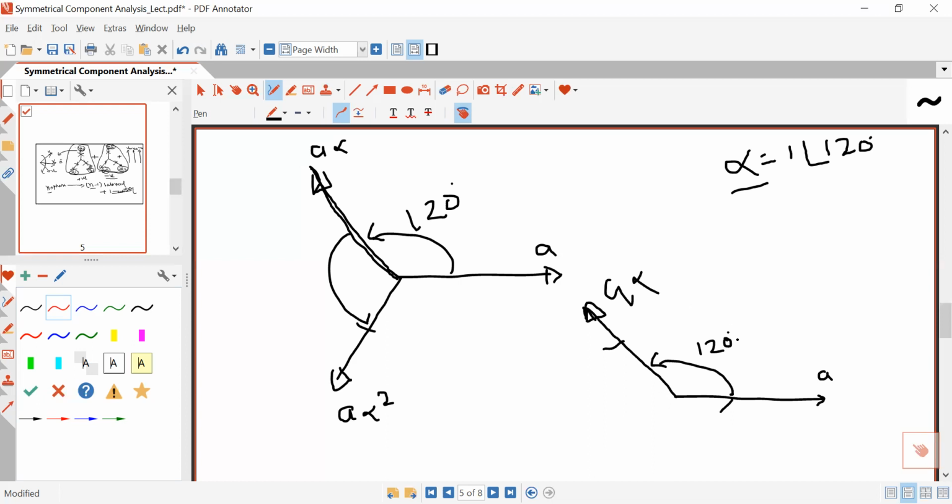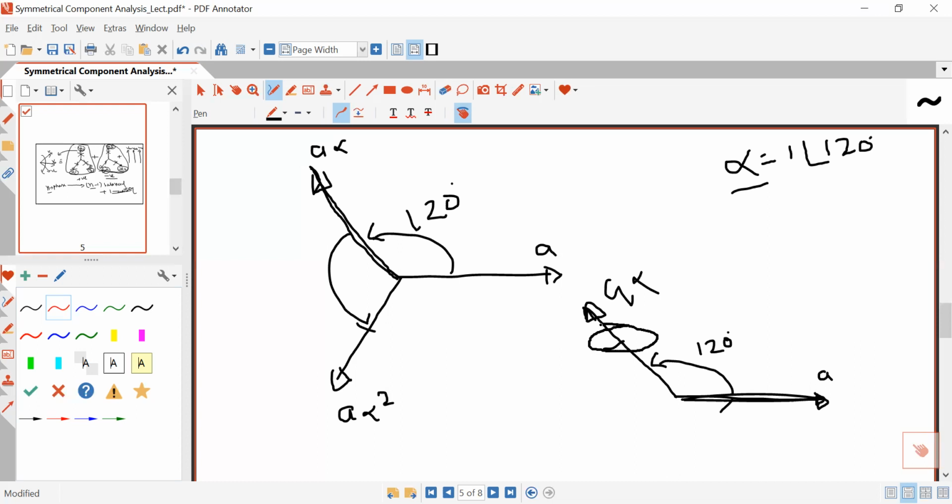You multiply alpha with it so that it is rotated by 120 degree anti-clockwise.